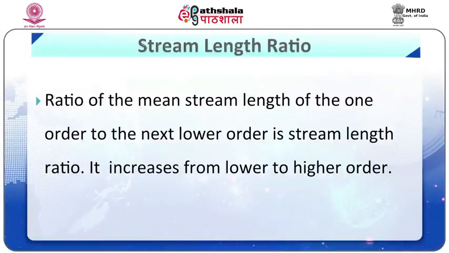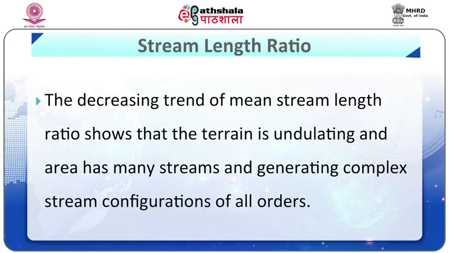The ratio of the mean stream length of one order to the next lower order is the stream length ratio. In general, this factor increases from lower to higher order. The decreasing trend of mean stream length ratio shows that the terrain is undulating and the area has many streams and complex stream configuration of all orders.